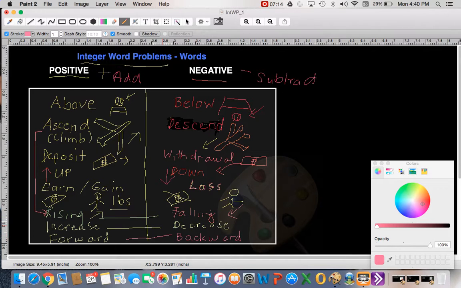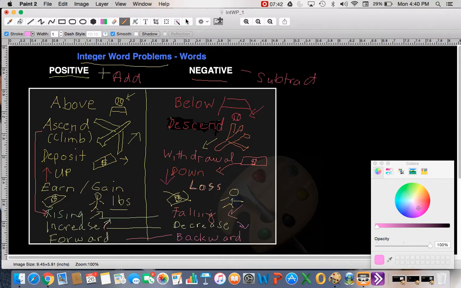Increase talks about greater size, amount, or degree. So it's increasing in size, in degree, or in amount. Decrease is you are decreasing in size, amount, or degree. Forward talks about movement.